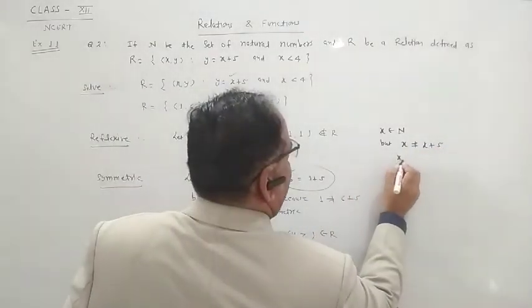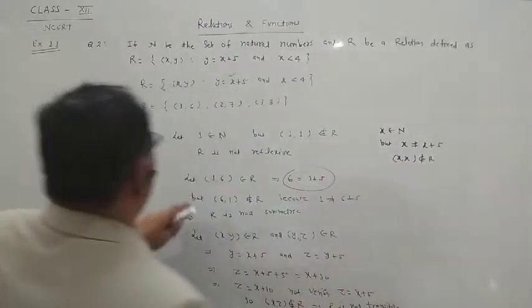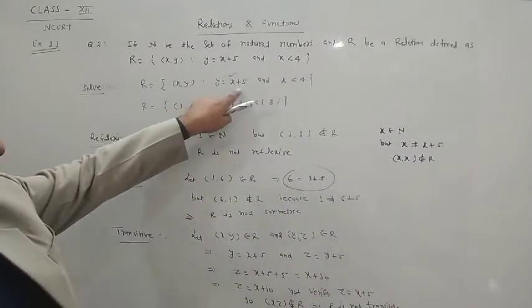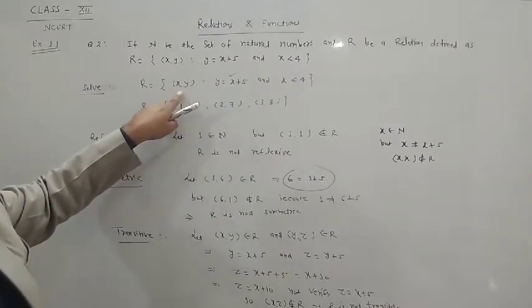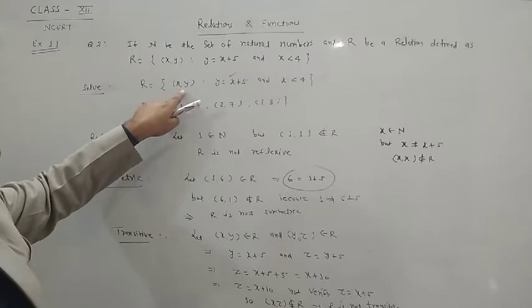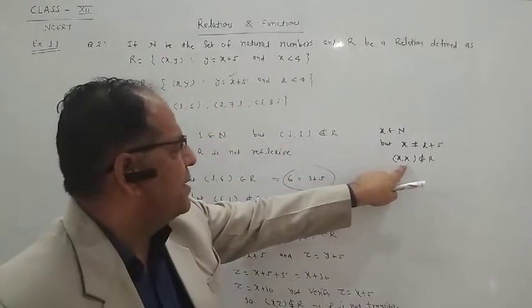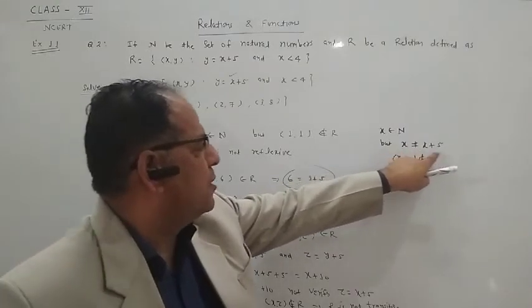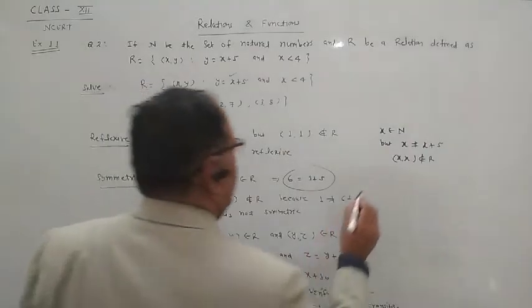So (x, x) does not belong to R. The definition says that any pair will be an element of R if it satisfies this condition. So if we want (x, x) to belong to R, x must satisfy this condition.